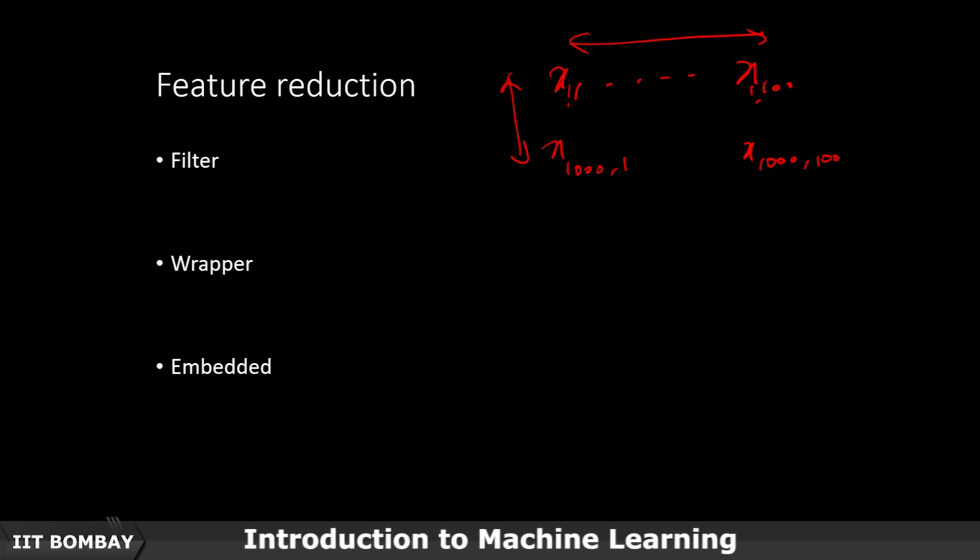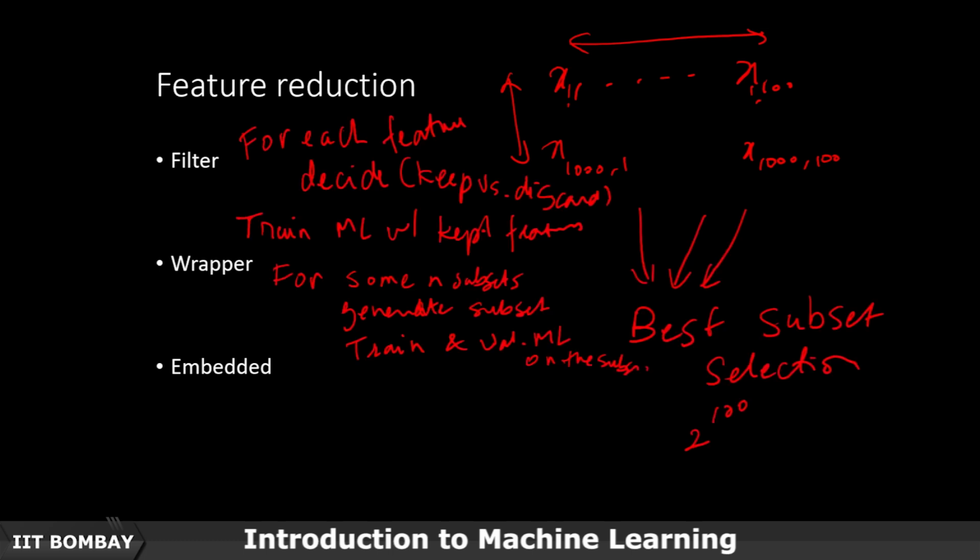Embedded methods are those where the model training and feature selection are happening tightly together as part of a single process. An example would be lasso, L1 regularization for linear regression or logistic regression.